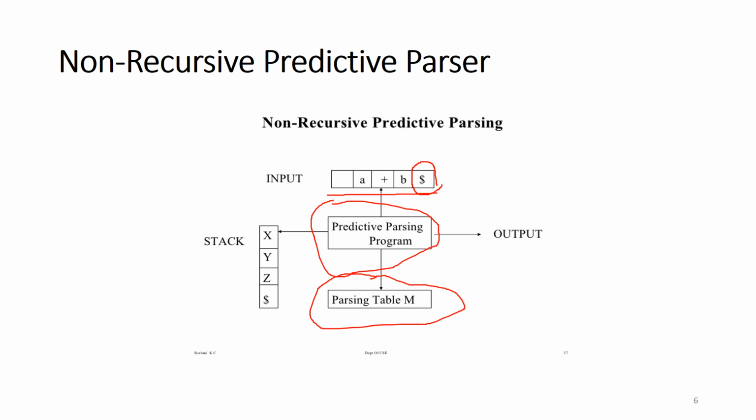We have a stack which has dollar at the bottom and grammar symbols on the stack. At any point of time, the predictive parsing program compares the top of the stack with one of the input symbols in the input buffer. And finally, the predictive parser takes the input string and finds whether this input string belongs to the language or not.